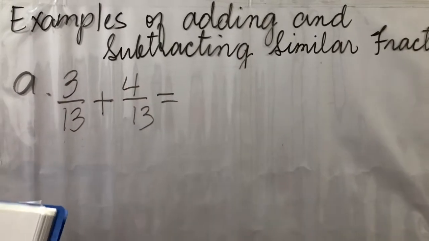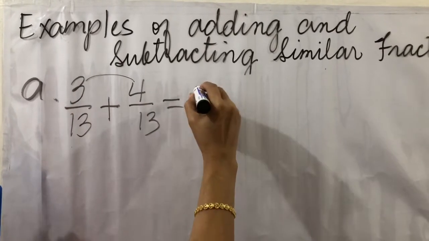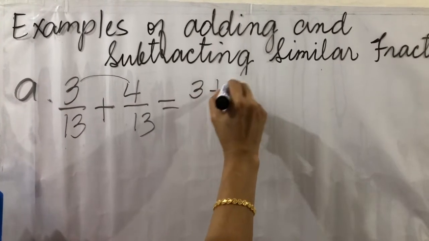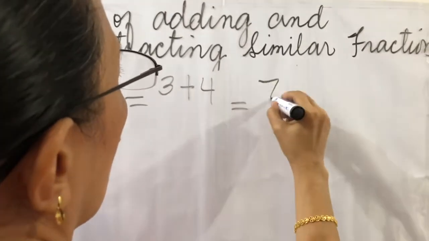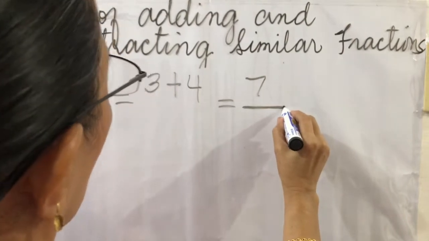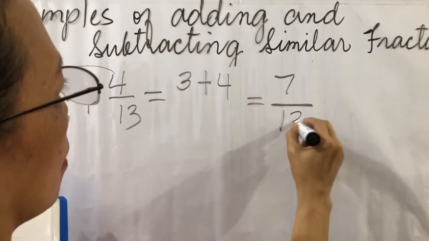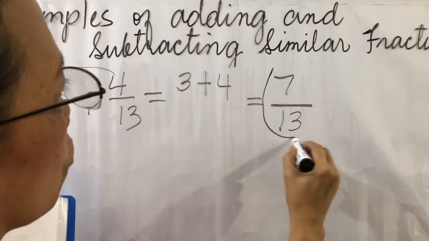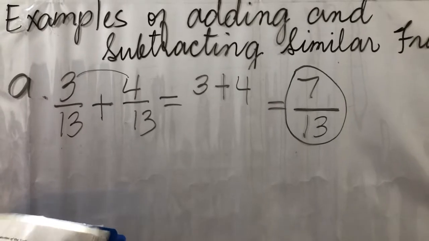To get the answer, you add the numerators 3 and 4. So 3 plus 4 equals 7. To get the denominator, you just copy the denominator 13. So that is now the answer in lowest term or simplest form.